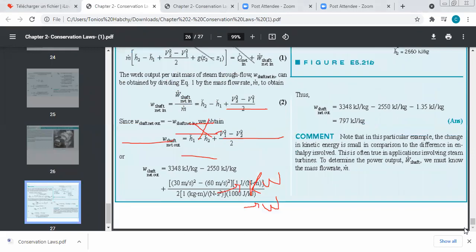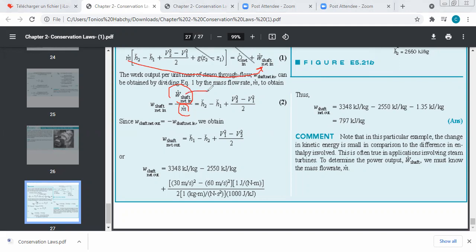Okay. So now, by replacing into our equation, we can see the net work of the turbine. Since they asked to find it per unit mass, we divide W dot by m dot. So if we take m dot to the other side, we can find the work output per unit mass.